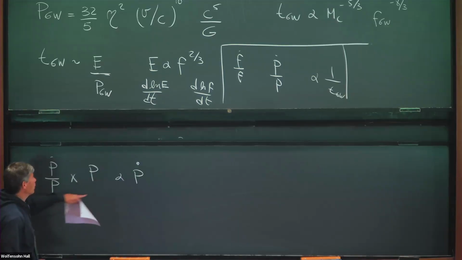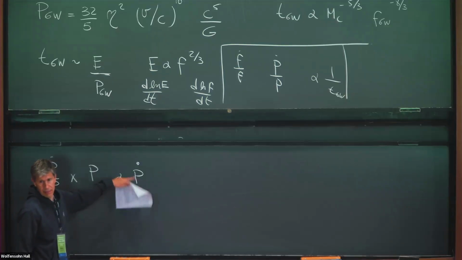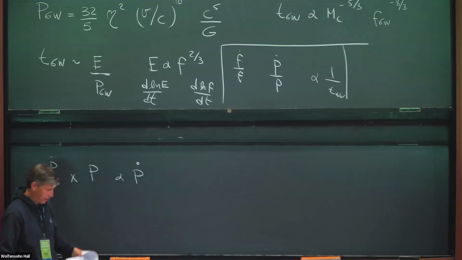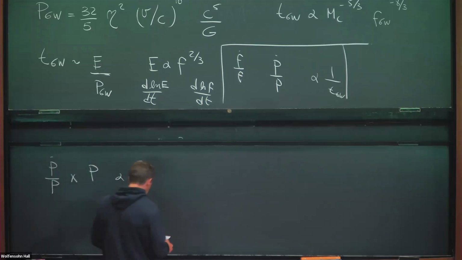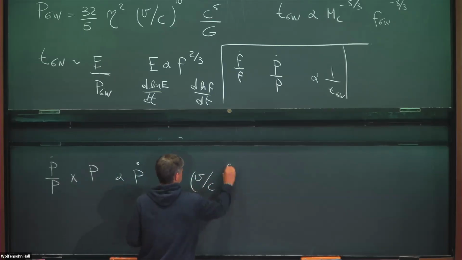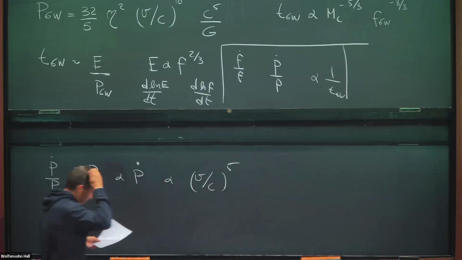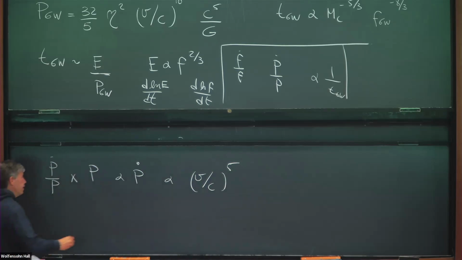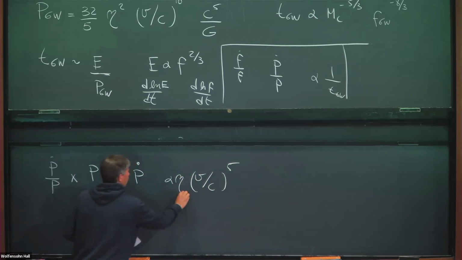And this one is dimensionless, okay? dP/dt is a dimensionless thing. And this one is proportional to v over c to the power 5, okay? And again, there's an eta in here. So if you translate this into mass and frequency, it will also be the chirp mass and the frequency.